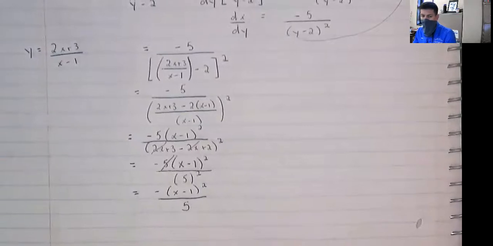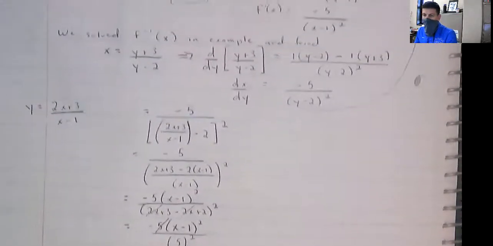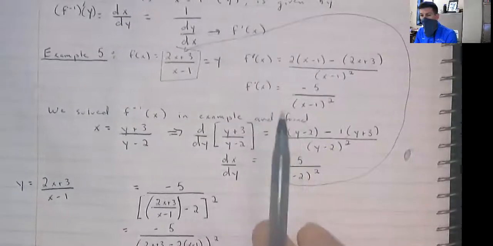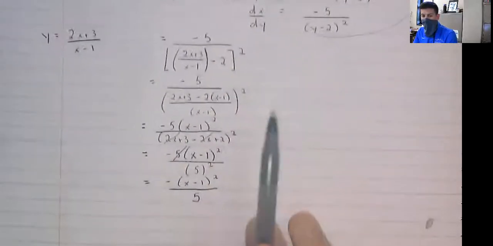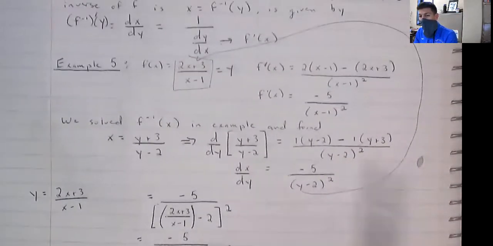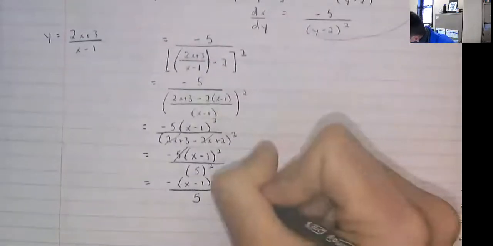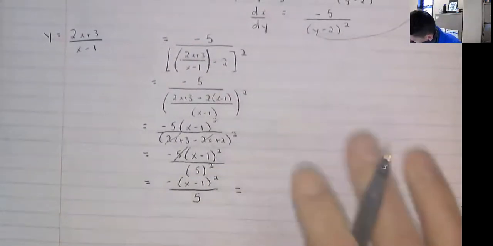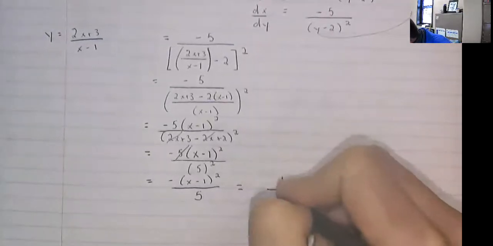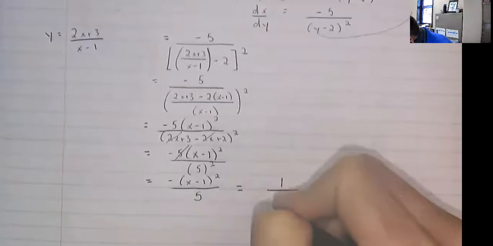Now, comparing this to our derivative of f, the apples to apples comparison, that does look quite a bit like the reciprocal of f prime of x. So we have confirmed that this is indeed 1 over dy/dx.